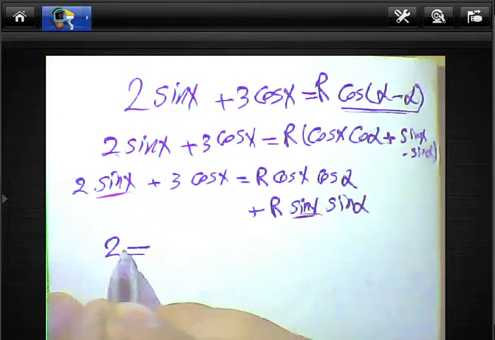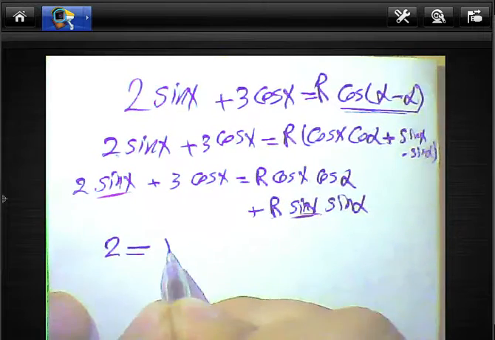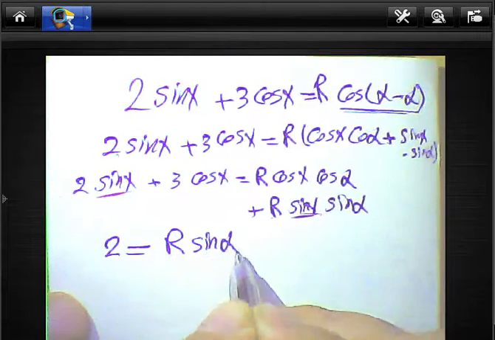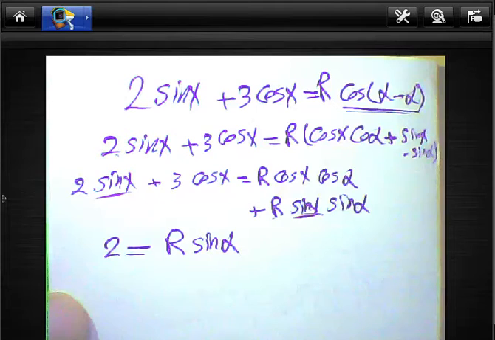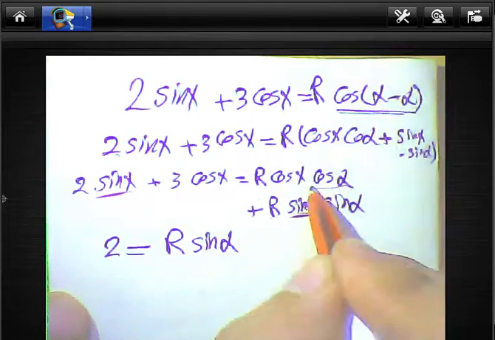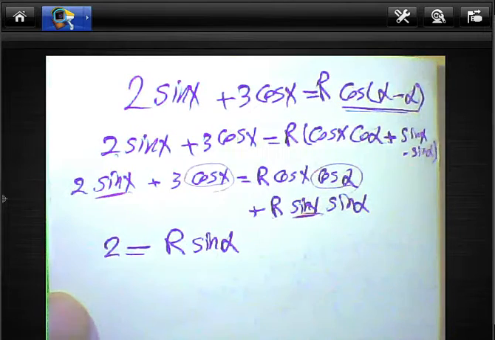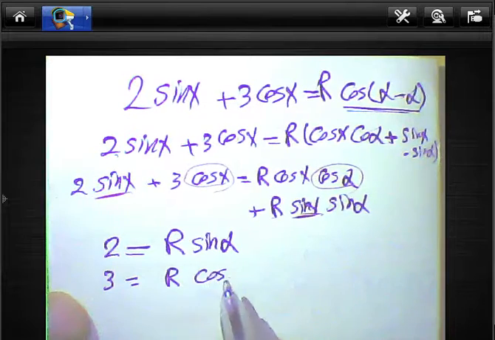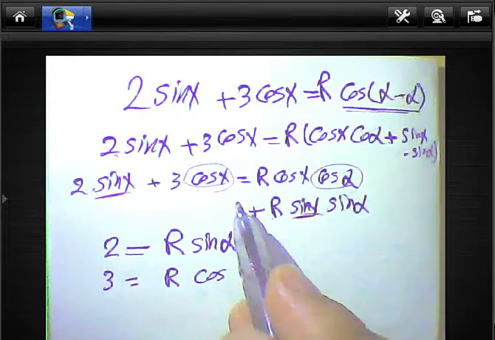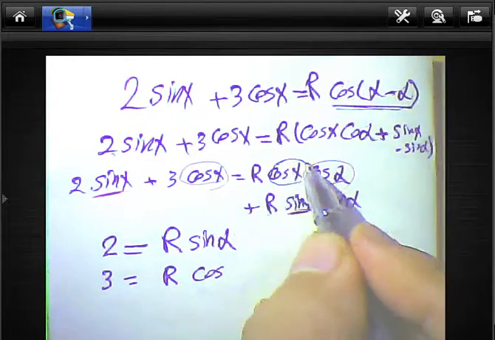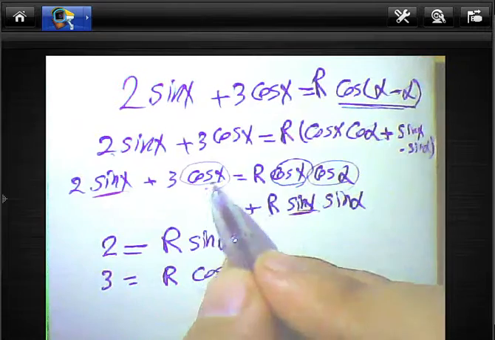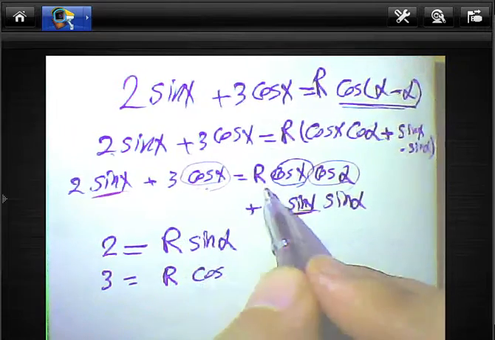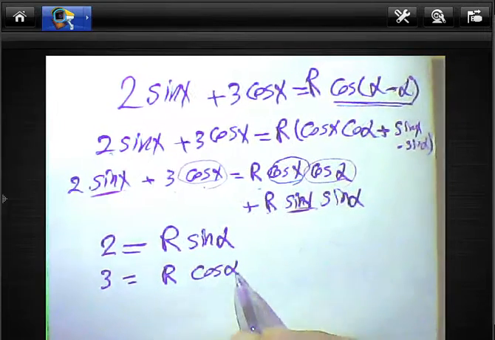Relation number 1: 2 equals r sine alpha. And cosine x here equals cosine x, so we cancel it, and 3 equals r cosine alpha.